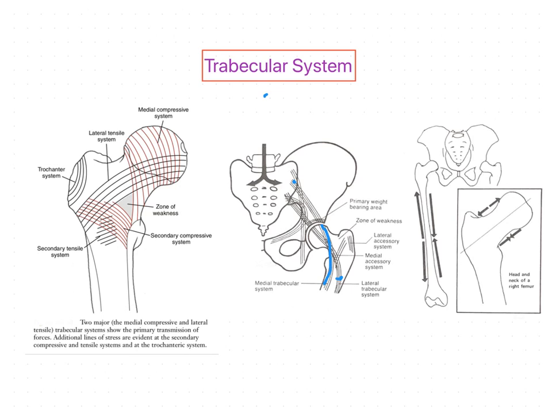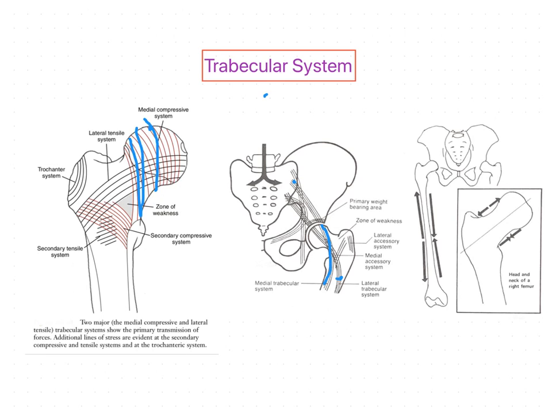Again, the medial trabecular or principal compressive trabecular system arises from the medial cortex of the upper femoral shaft and radiates through the cancellous bone to the cortical bone of the superior aspect of the femoral head.